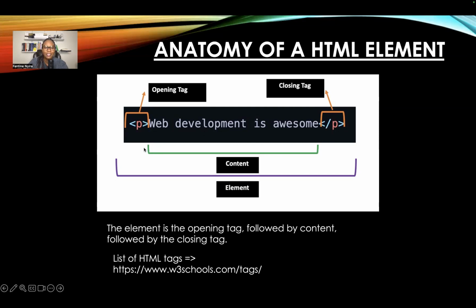So this is the opening tag, the content of the element, and then the closing tag. This is the anatomy of an HTML element. You can see the list of all the tags and elements at this URL.